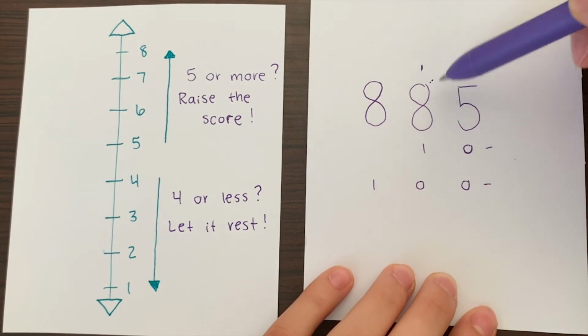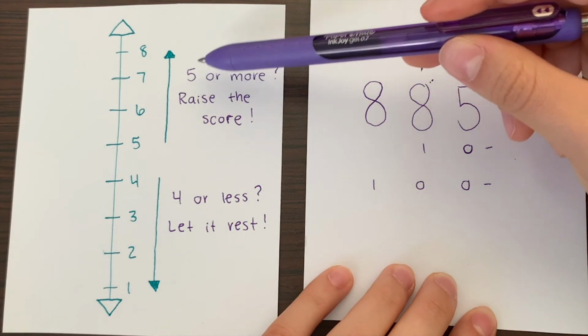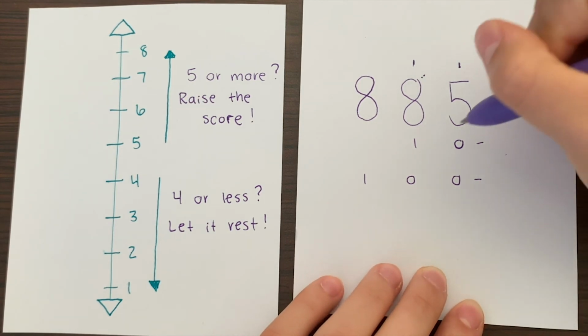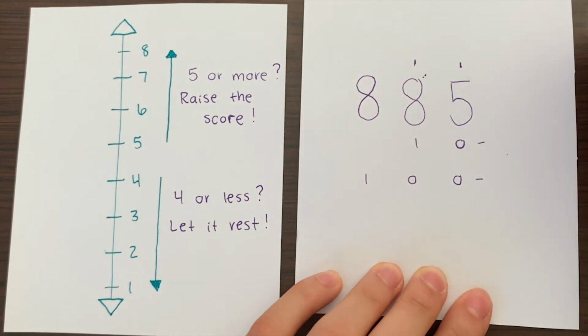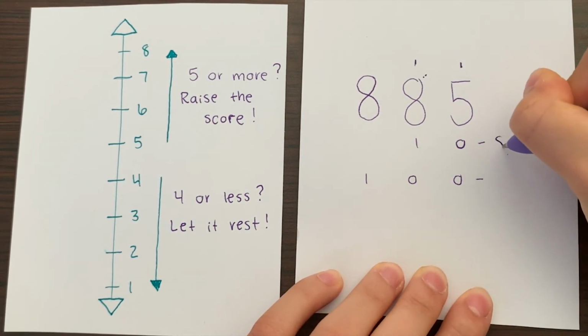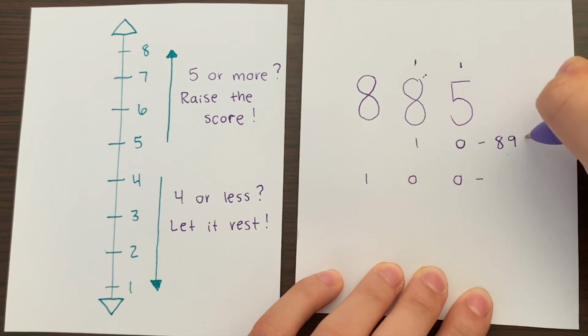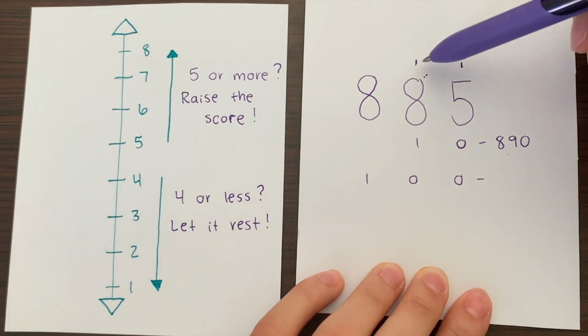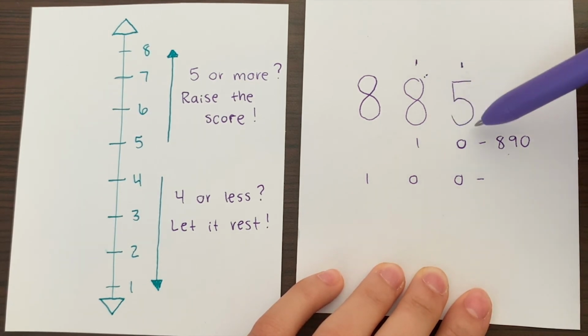And since 8 is bigger than 5, that means that we are going to raise the score. So when rounding to the 10th place, this would give us 890, right? We're only changing these last two numbers because this tells us our 10th place.